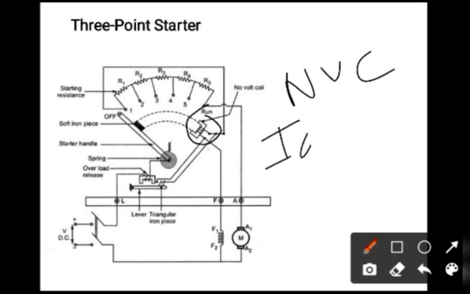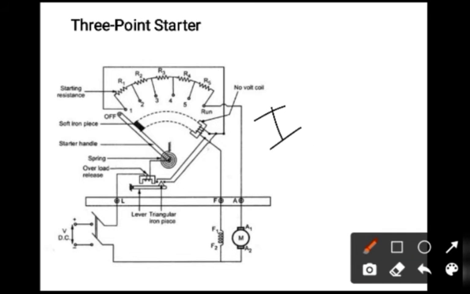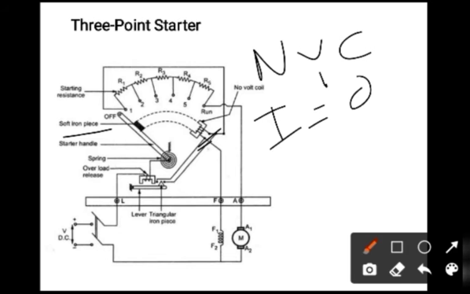Therefore demagnetization between the soft iron piece and the coil will be there, and the handle comes back to its original position, that is the off position.